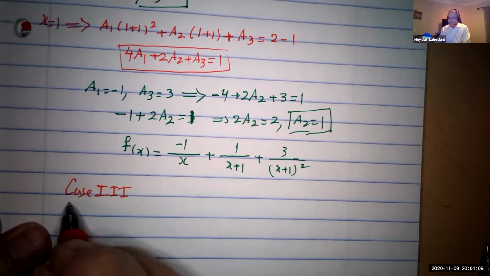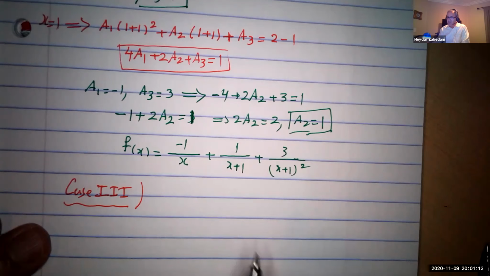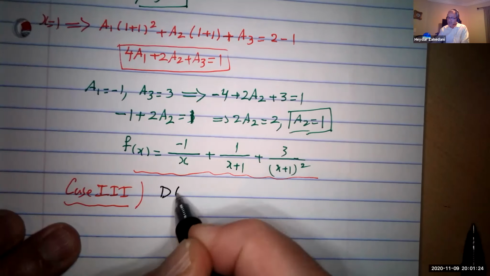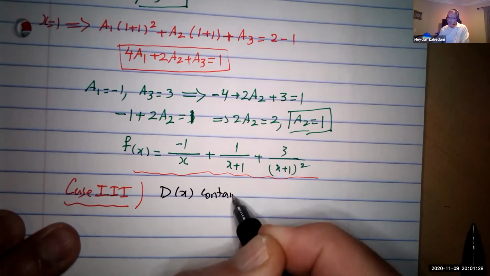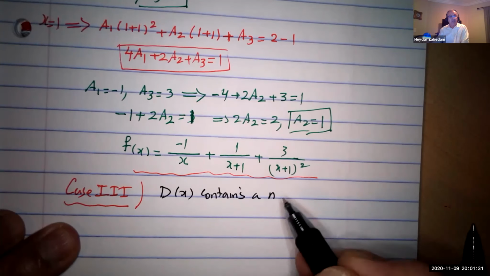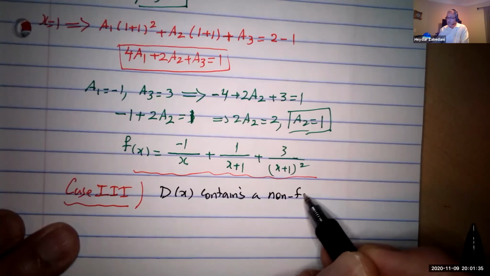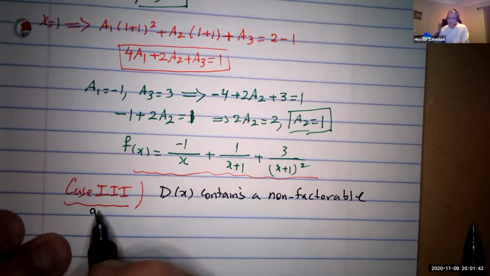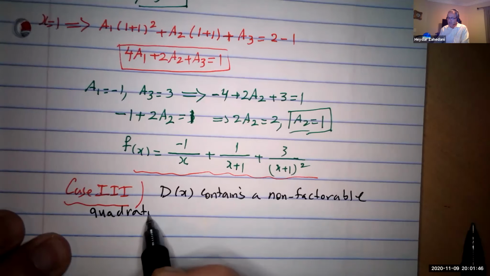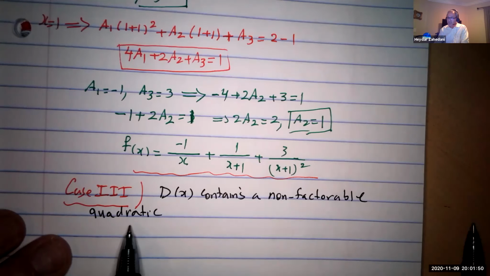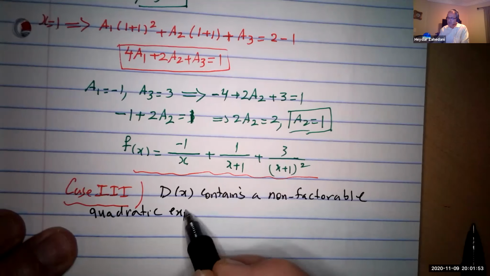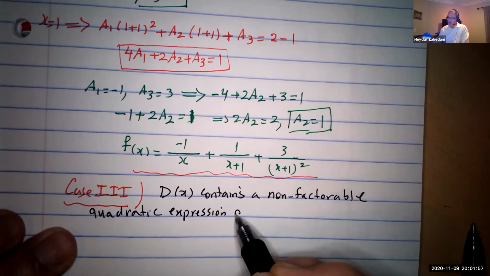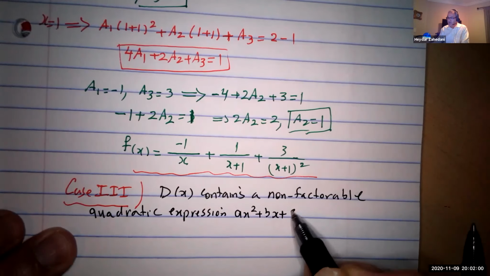Case 3: D of x contains a non-factorable quadratic, they call it irreducible, a non-factorable quadratic expression, like ax squared plus bx plus c, for example.